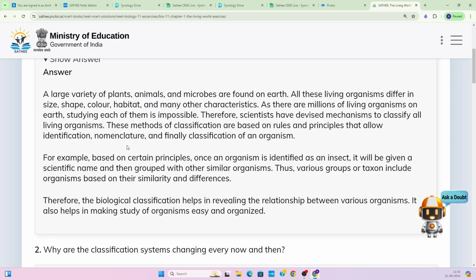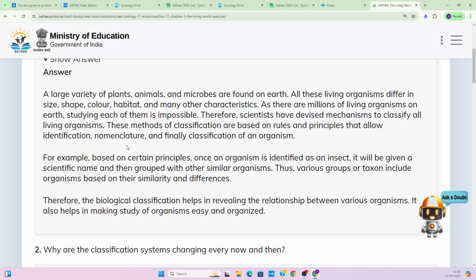So they have to identify the organism, number one, identification. They have to give a specific name to those organisms, nomenclature, right? And finally, classification of an organism.